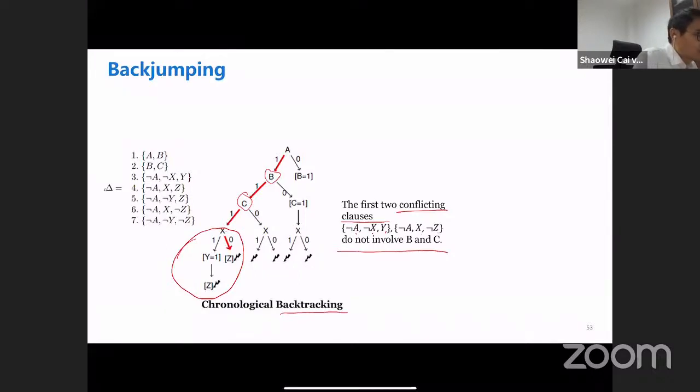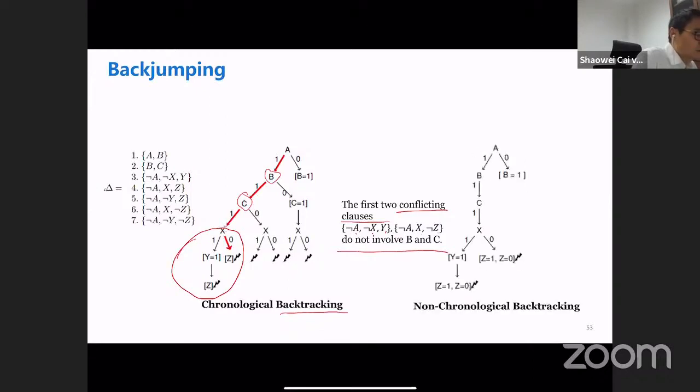So it is meaningless to backtrack to C and B. Then, after checking all the branches of a variable X, we can directly back jump to the level before B and C. So this is back jumping, also called non-chronological backtracking.